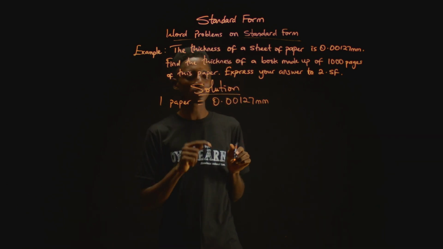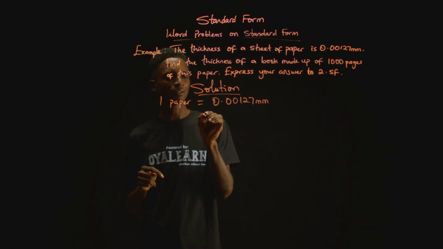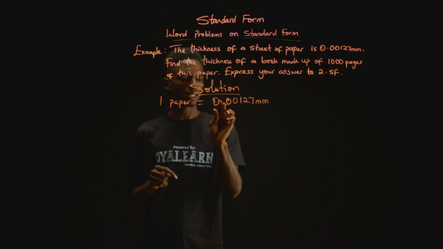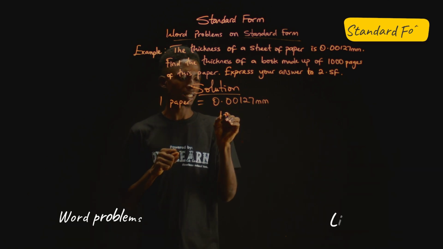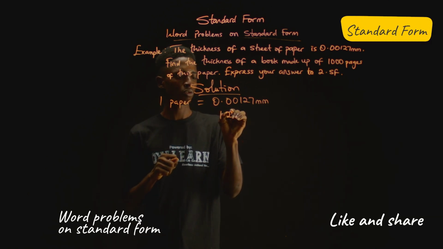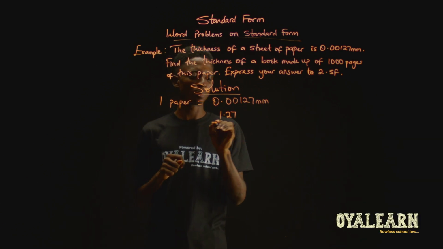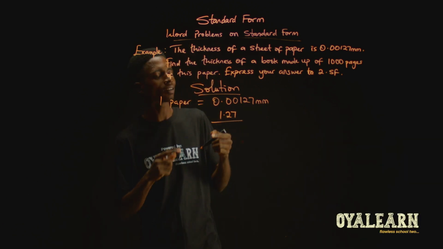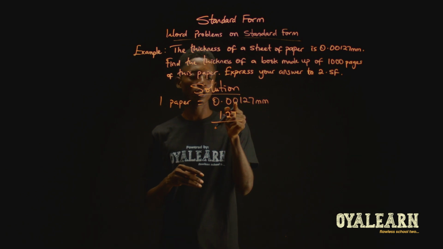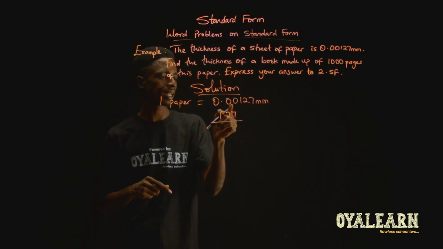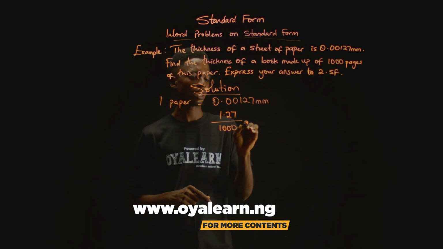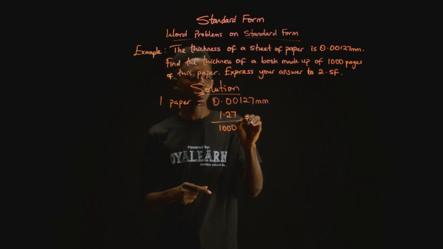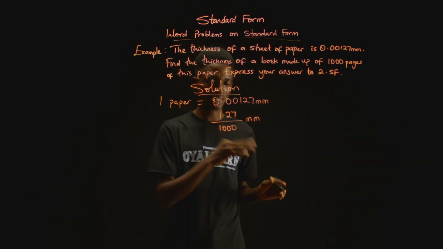The first non-zero digit we have is 1, so that is 1.27. And that will be divided by, now we count the number of digits after the decimal point to this 1. So we have 1, 2, 3. So that is divided by 1,000. And this is in millimeters still.